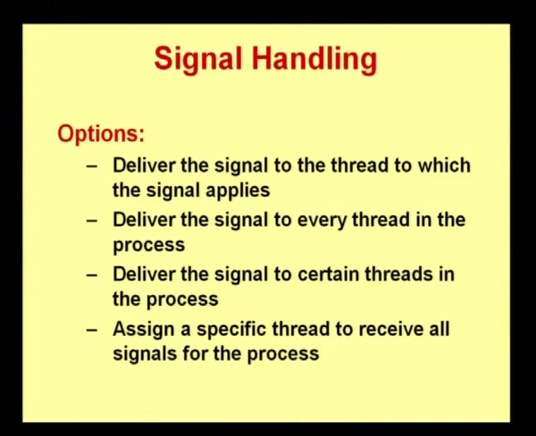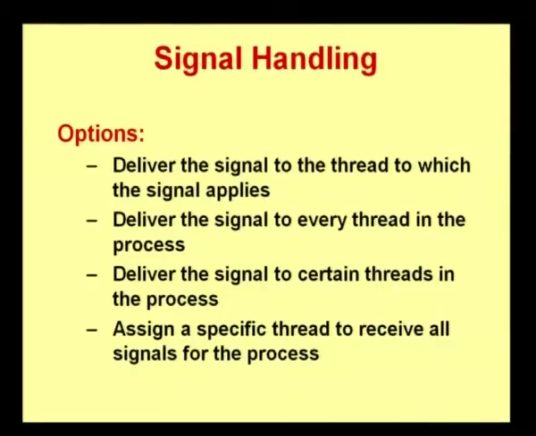The first condition is delivering the signal to the thread to which the signal applies. If you are going to use an office suite in a Linux operating system, the signal reaches the point where the word ends and makes the thread get saved. It catches hold of that particular point and finishes it off.